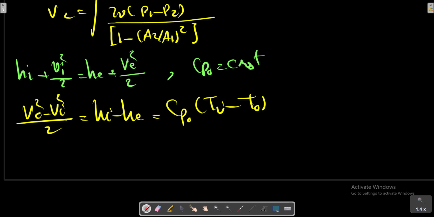Let delta P and delta T be the decrease in pressure and temperature across the nozzle.